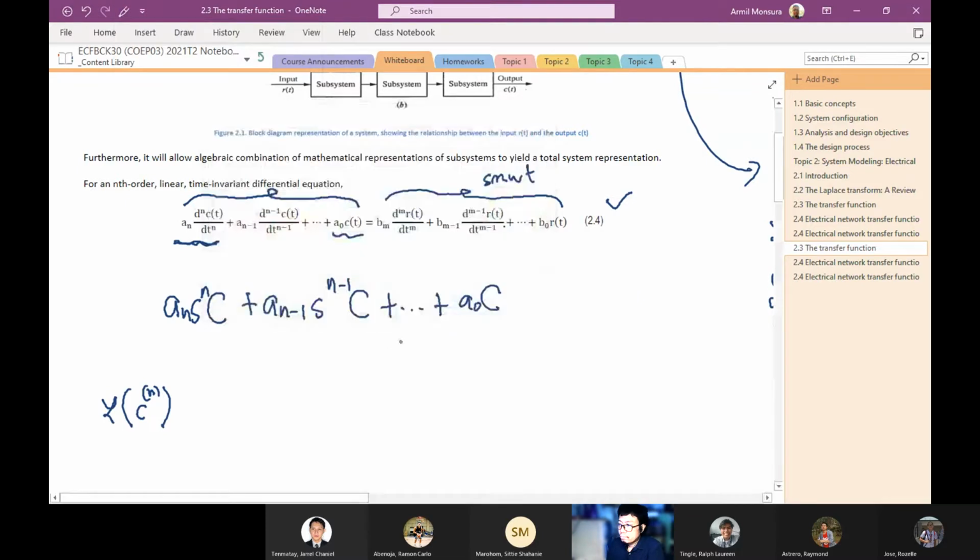This is equal to b sub m s raised to m times R plus b sub m minus 1 times s raised to m minus 1 times R, and so on until dun sa last term whose Laplace transform is simply b sub 0 times R.